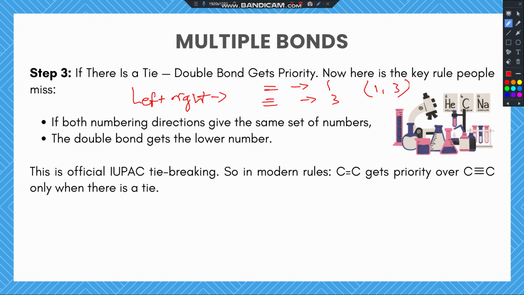And if you number from right to left, you still get the same thing. The triple bond will be on carbon number 1 and then the double bond is on carbon number 3, which is still 1, 3. Then the double bond takes priority. That is how it goes.